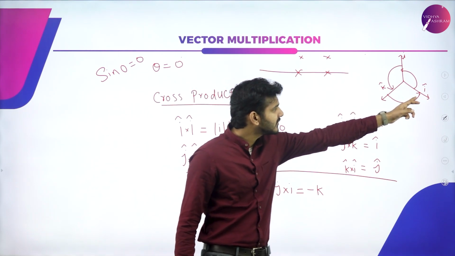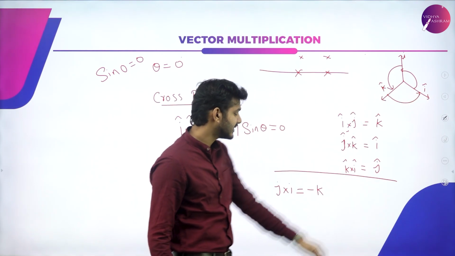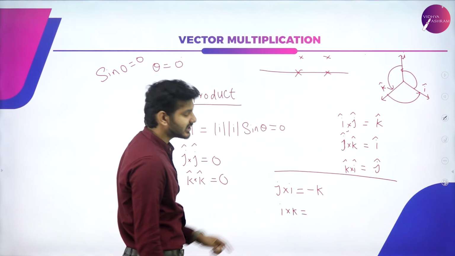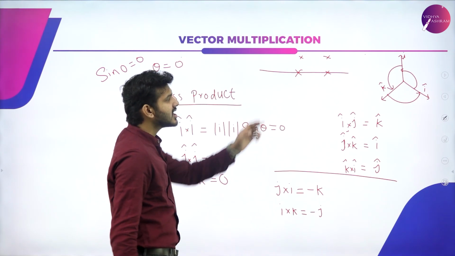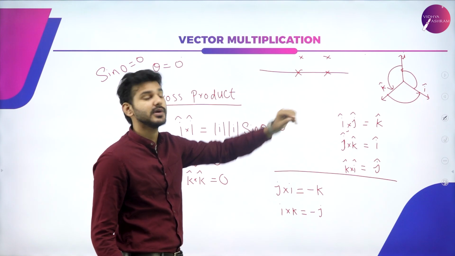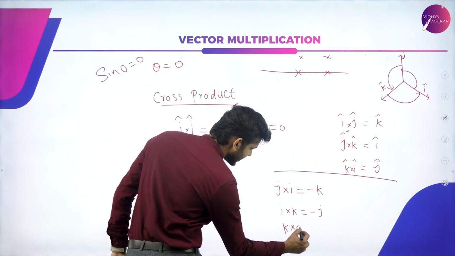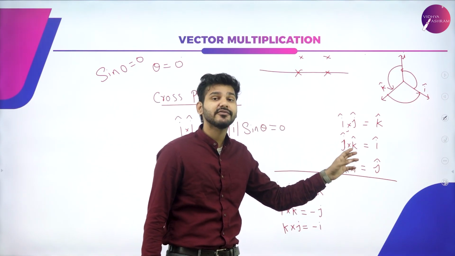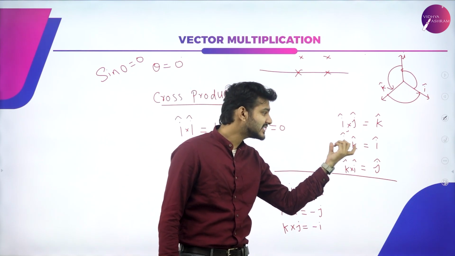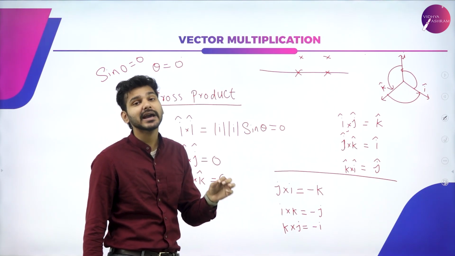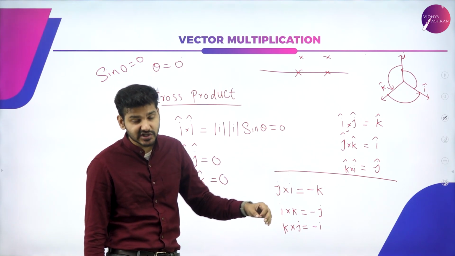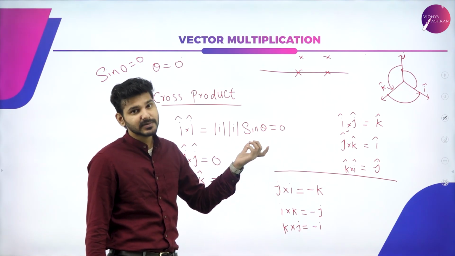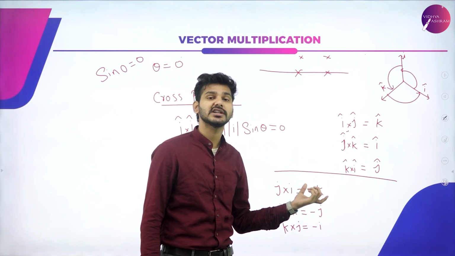Similarly, if I take I cross K, then this will be equal to minus J. And similarly, K cross J will be equal to minus I. That is, K cross J will be equal to minus I. So the only difference here is that when we flip these unit vectors while taking the cross product, the direction in which we measure the angle changes, and we get the quantities in the opposite direction, or simply we can say that the negative of those quantities will be displayed.